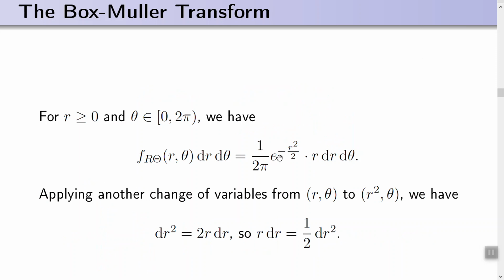This is the joint PDF where you've replaced x with r cos theta and y with r sine theta, and using the derivative relation, dx dy becomes r dr d theta.